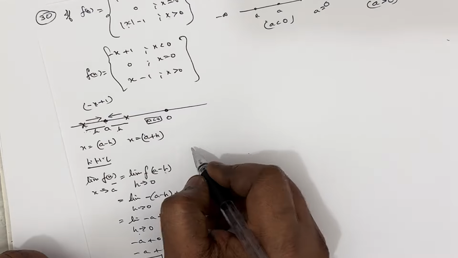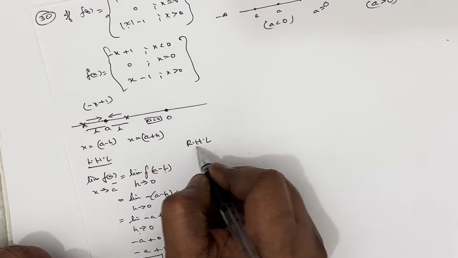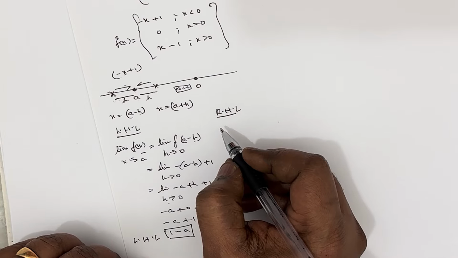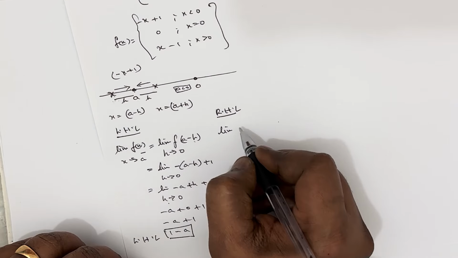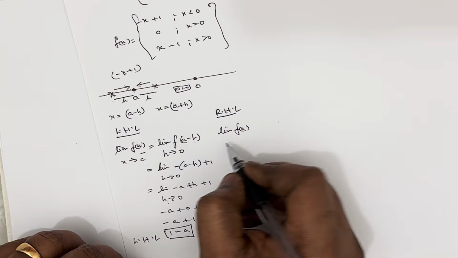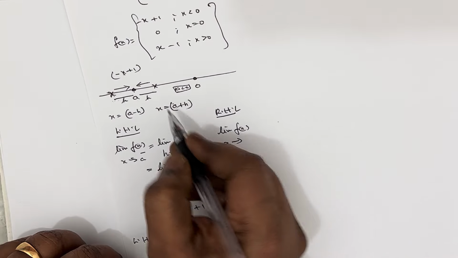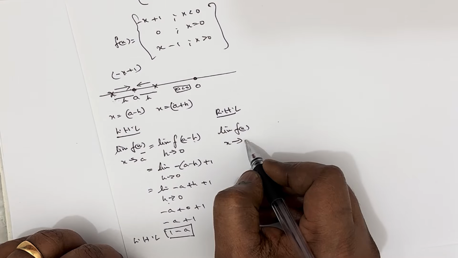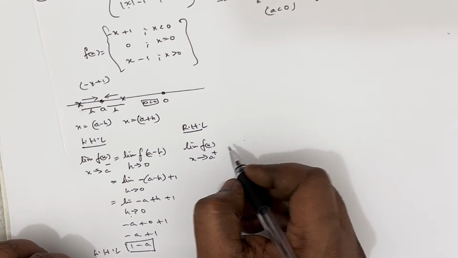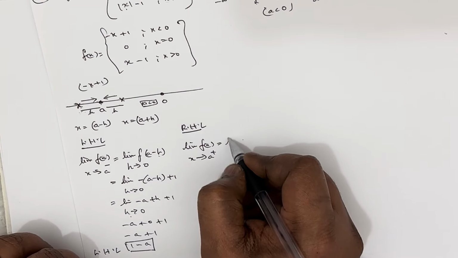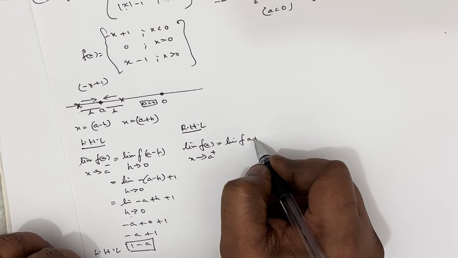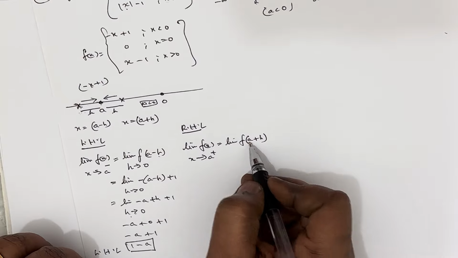Now the right hand limit, RHL, is limit of f of x as x approaches a from the right hand side, that is a plus, which is equal to limit of f of a plus h as h tends to 0. Now x is replaced with a plus h.